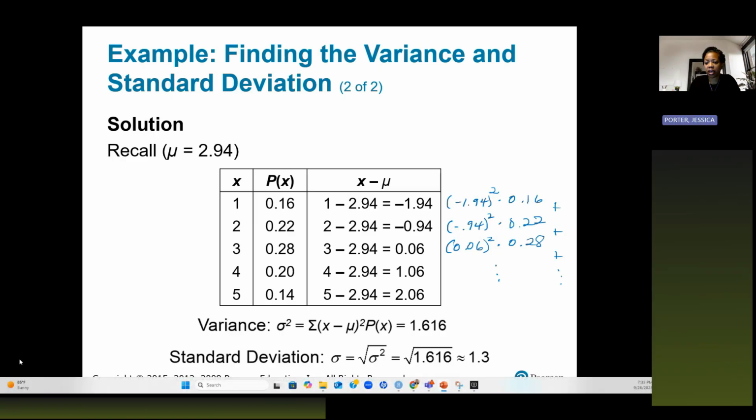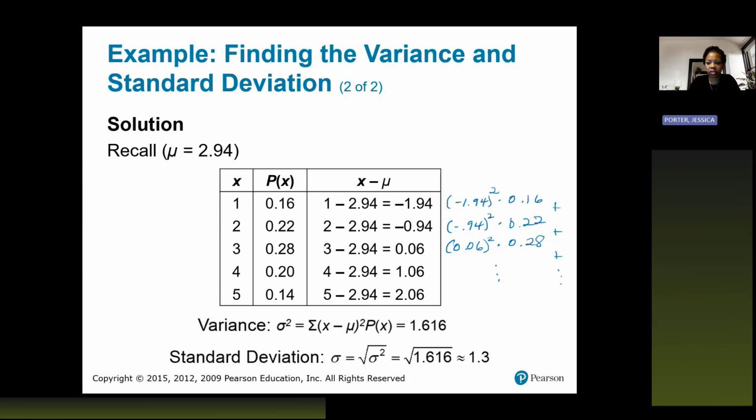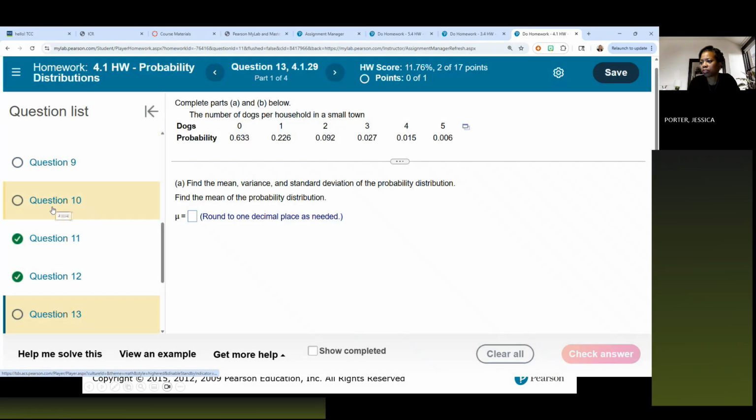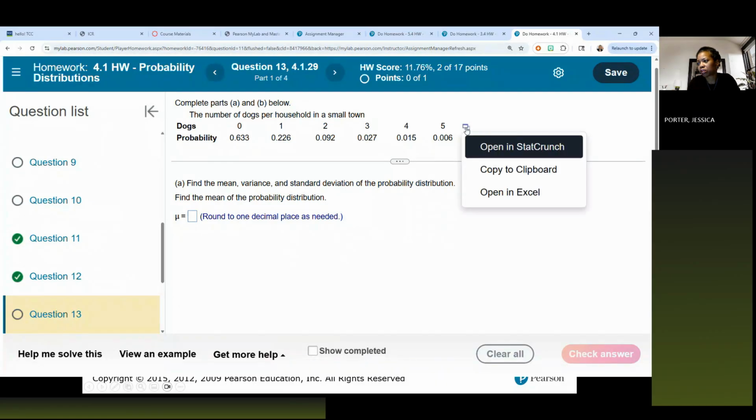Let me see if I had an example question for this one. Question 14, question 13. All right, so they're asking for the mean of this probability distribution. Now, I'm going to open this in StatCrunch.